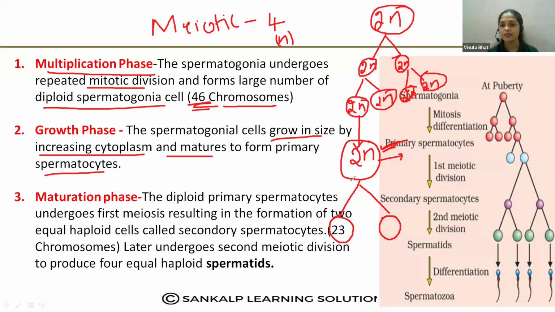Here primary spermatocytes undergo the first meiotic division. Look here, I have put an arrow mark. Primary spermatocytes undergo the first meiotic division and form the 2 daughter cells. They are called secondary spermatocytes.